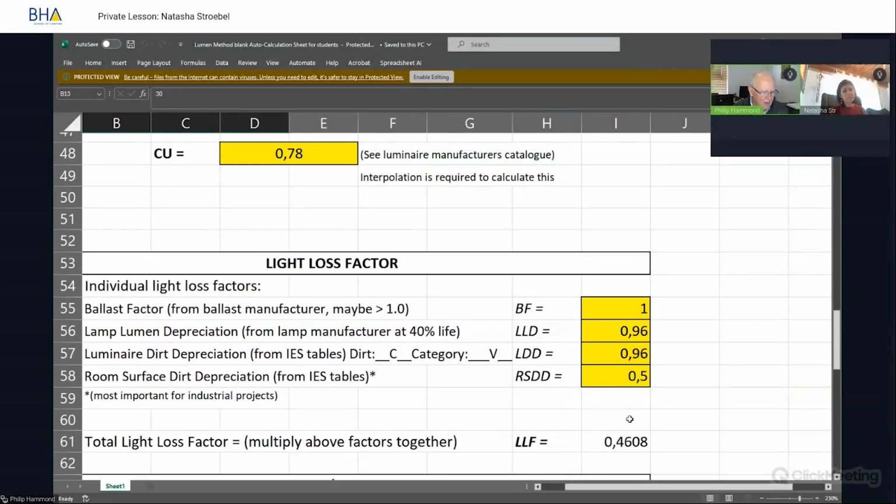Once you've put those values in there, you multiply them with each other until you get to the total light loss factor, which will be there. You get that by saying 1 times 0.96 times 0.96 times 0.5 gives you 0, whatever it is.